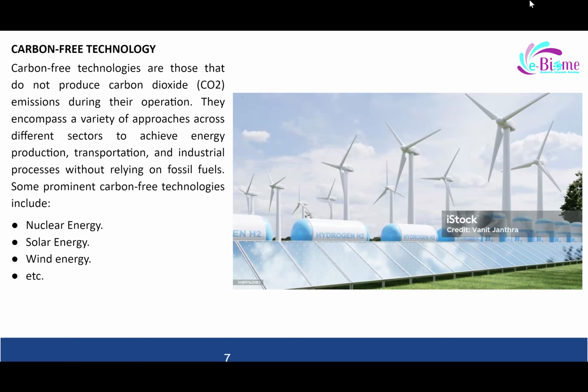So nuclear energy, in essence, in the process itself, does not release much carbon dioxide. Solar energy, in terms of producing the solar PV cells and the others, releases some carbon dioxide, but in its operational stage, there is limited carbon dioxide from its operations. The same thing with wind energy.